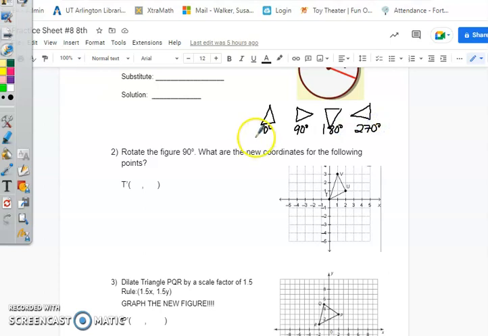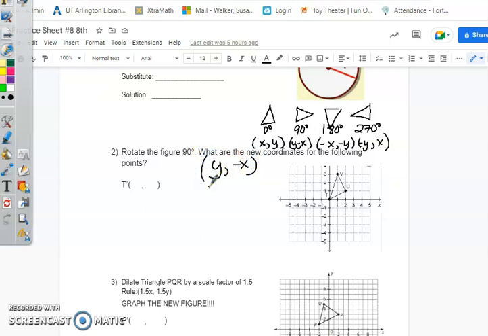So remember, our original is x, y, and 180 is negative x, negative y. But then when we do 90 and 270, we do our flip. Y, x, y, x. That's how I remember it. And then x is negative first, y is negative second. So for our rotation, we're going to do y, comma, negative x.